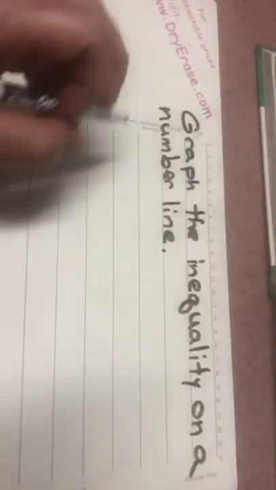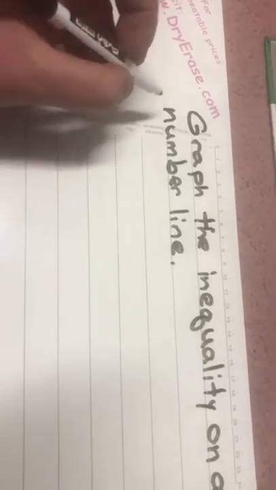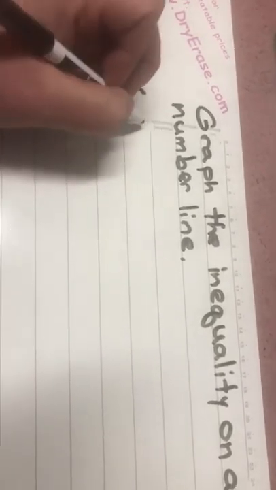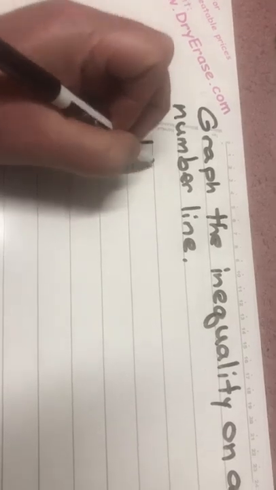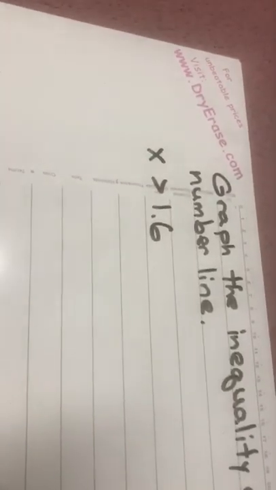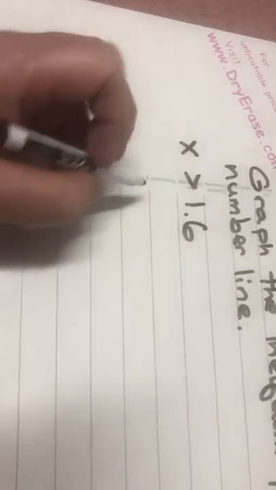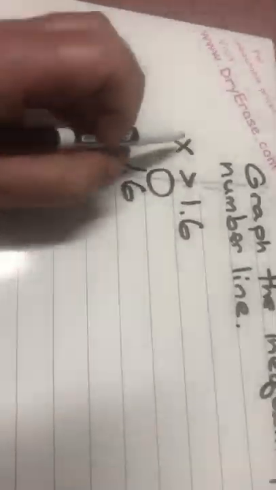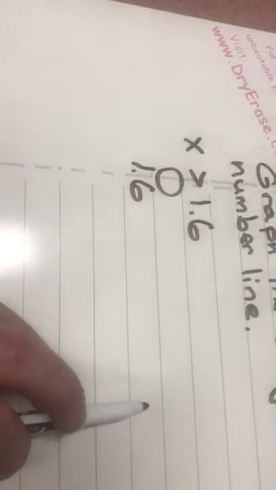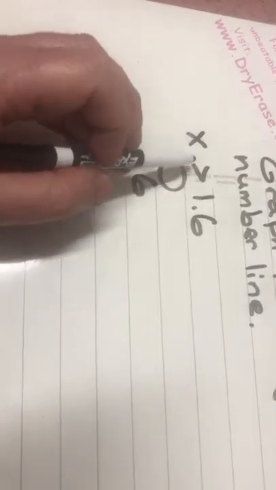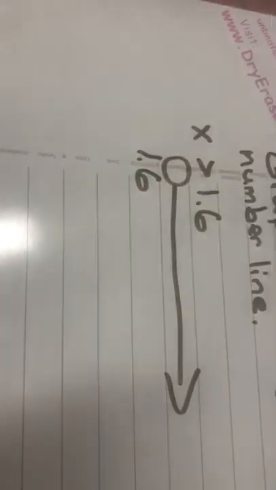All right? So, let's say, for example, that I'm going to do x is greater than 1.6. All right? So, first of all, I know that my graph has to start with 1.6. I know that it has to be unshaded because x cannot equal 1.6. X is greater than 1.6. I know it's also saying that x is greater, so my line is going to go to the right.